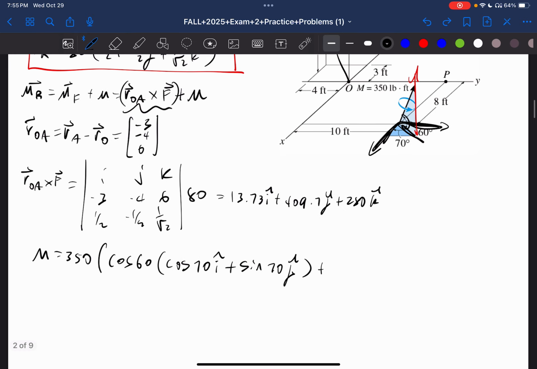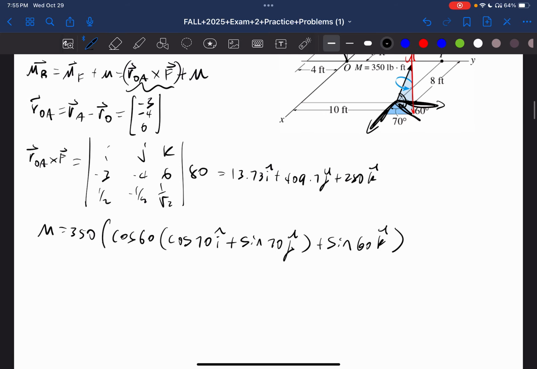So we're going to use sine 60 in the k direction.